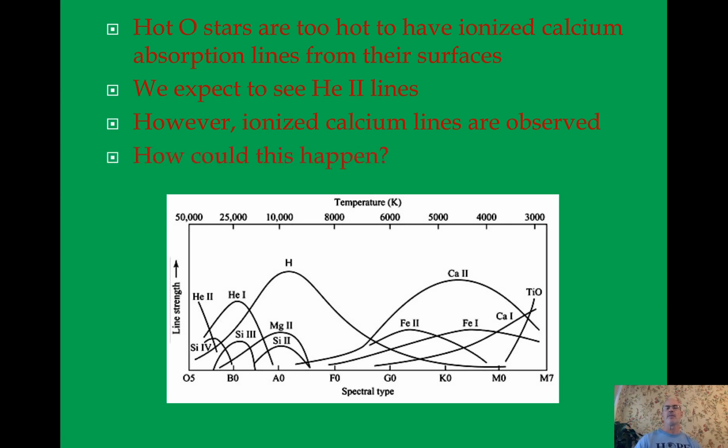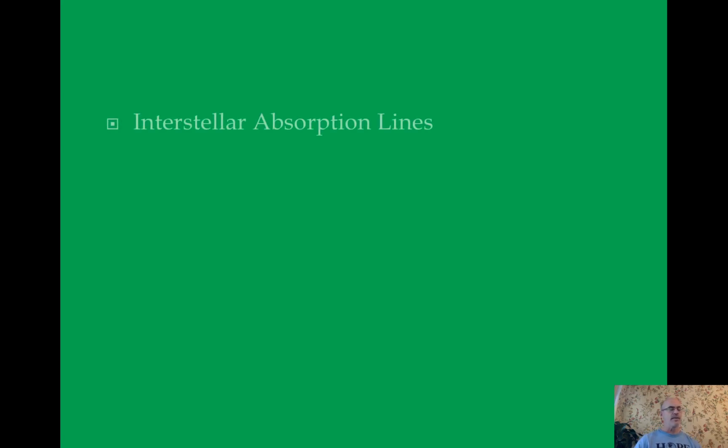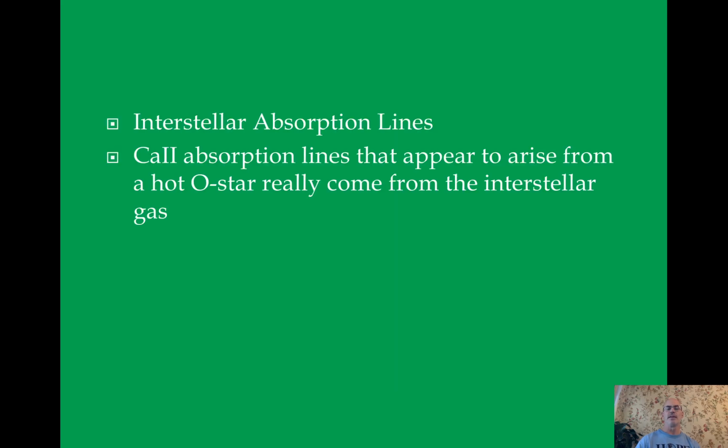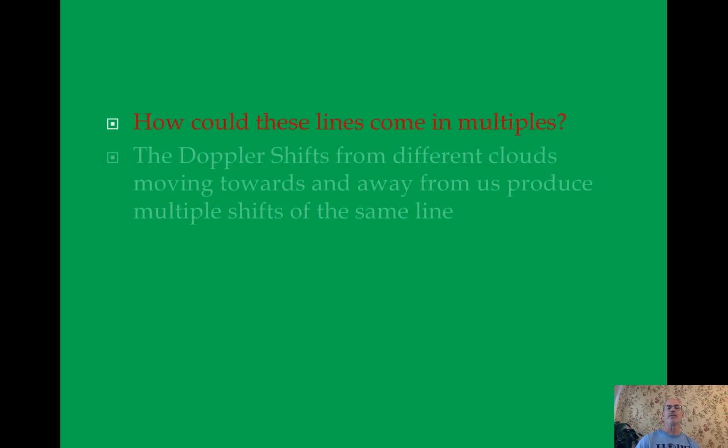How could this happen? Well, the answer is that it shows us that there are interstellar gases in front of the star that are absorbing those calcium lines. How can lines come in multiples?